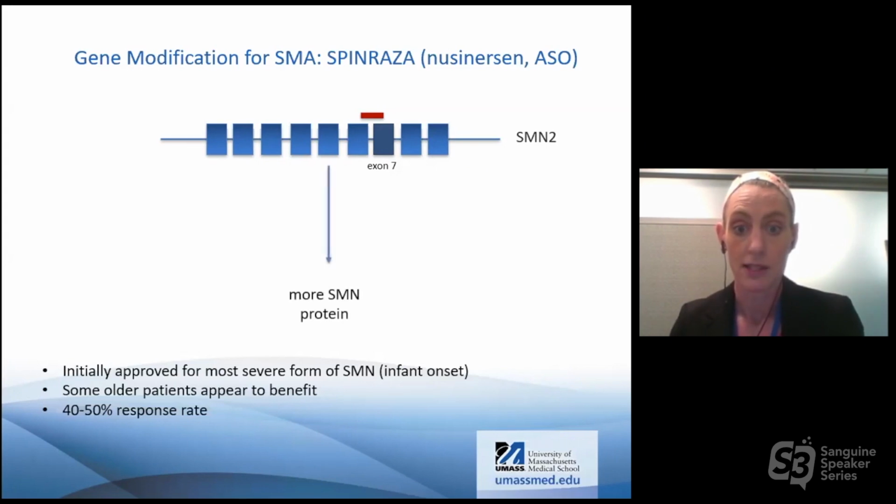And then you get more SMN protein, and that makes patients better. This was initially approved for the most severe form of SMA, but it does appear that some older patients have seen some benefit. And there's a partial response rate.